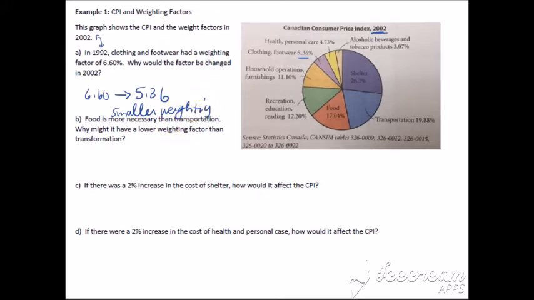An example, a reason for this, and I'm going to type this up, is that there are different technologies out now making clothing and shoes more affordable.